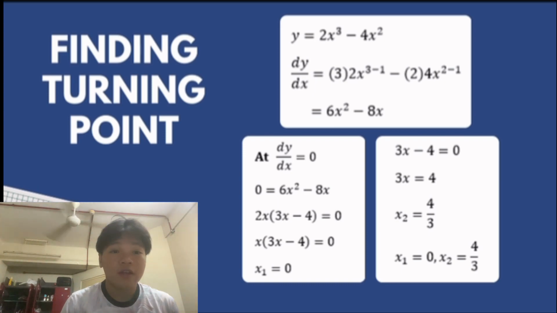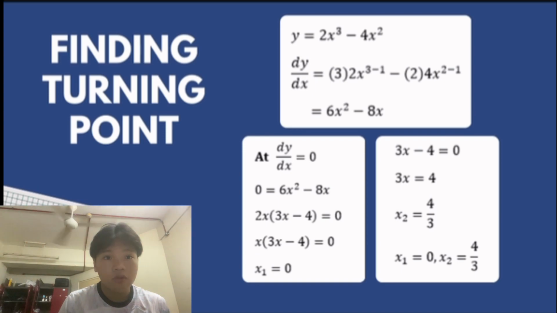The first step to find x1 is to make dy/dx equal to 0. So 0 equals 6x^2 minus 8x. The function that we are going to use here is the one that we already differentiated. Then, to find x1 and x2, there are two methods: use the calculator or do it by hand.